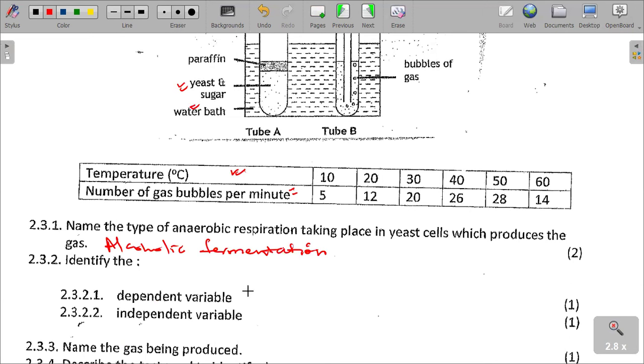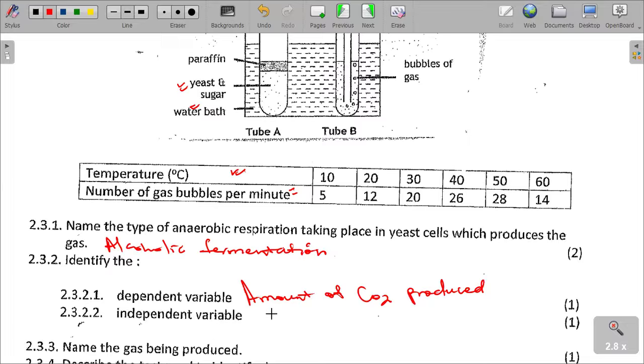It is the amount of carbon dioxide produced here. This is our dependent variable. And the independent variable is temperature. As you can see, at different temperatures, the amount of bubbles was measured.